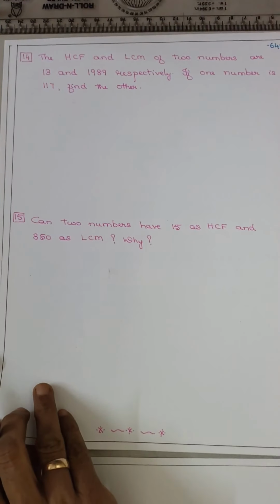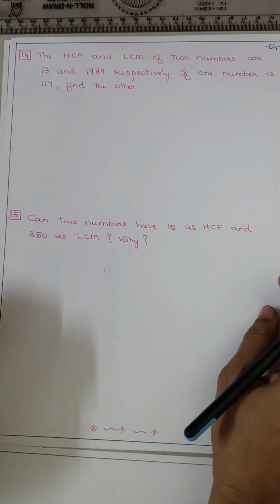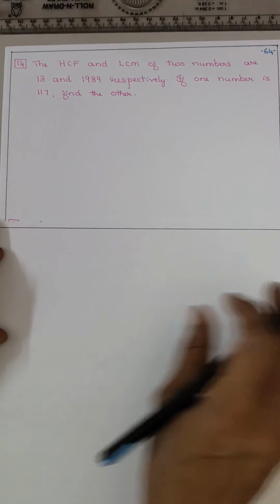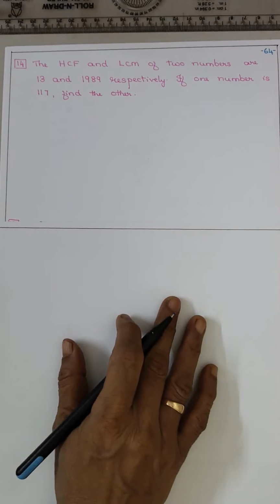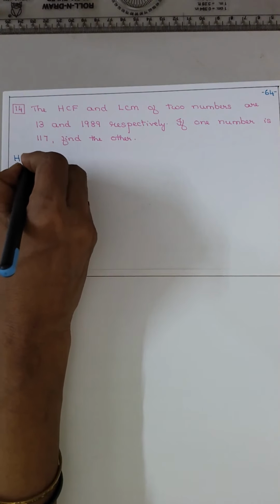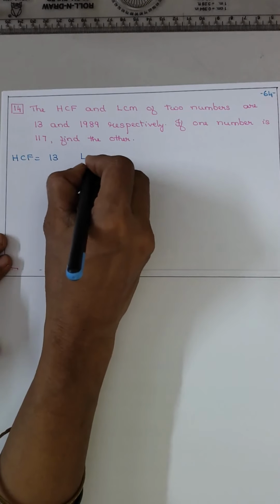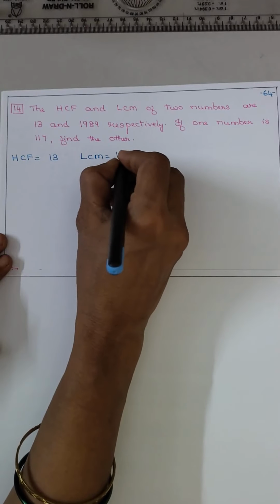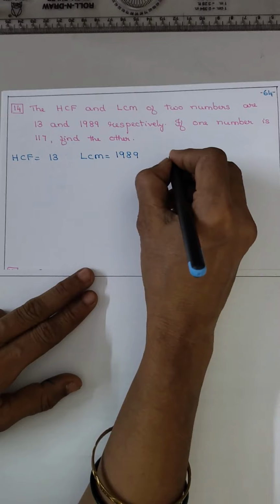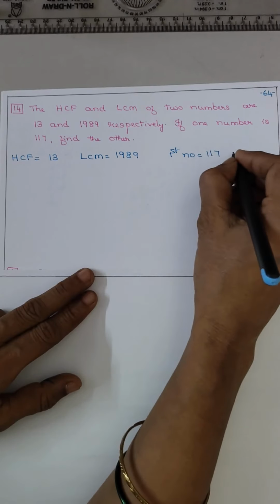Now coming to the 14th sum. The HCF and LCM are given and one of the numbers is given. Find the other number. HCF is equal to 13, LCM is equal to 1989 and the first number is equal to 117.